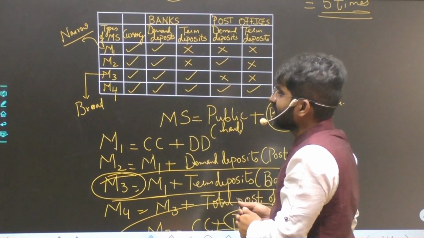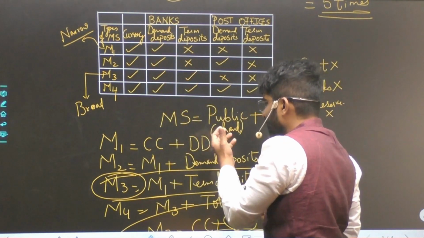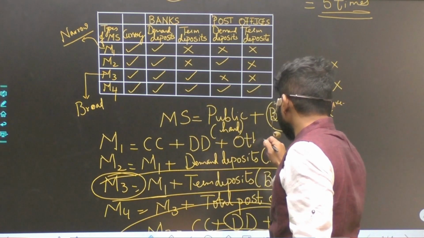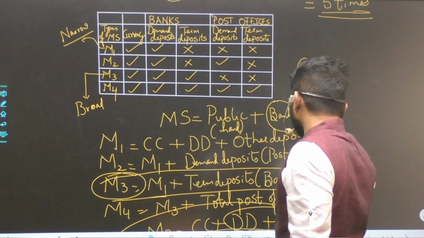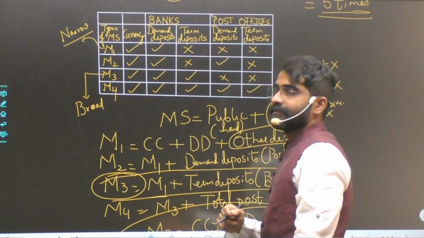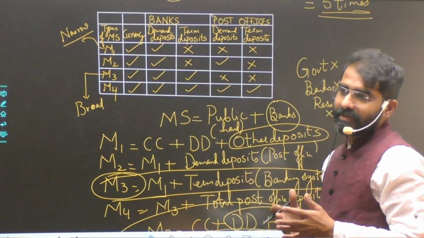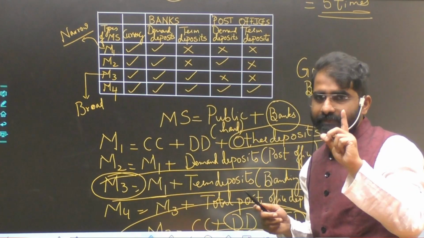But you will also find sometimes currency in circulation plus demand deposits, plus at times you also find one more component, other deposits. Remember, these other deposits are also part of M1, which means they should also be liquid. When I say something is part of M1, it has to be liquid, narrow money, the most liquid. These other deposits are not bank's deposits.